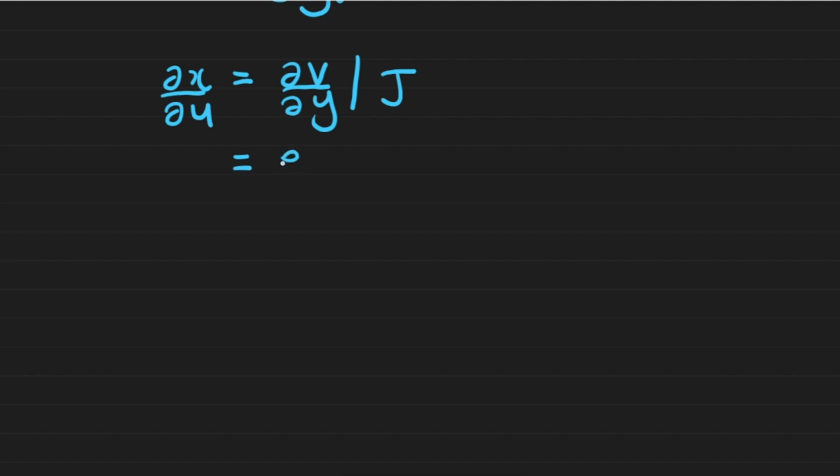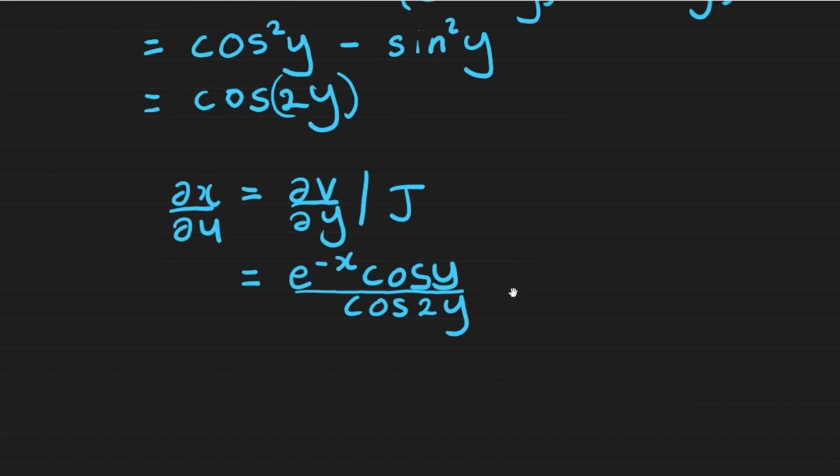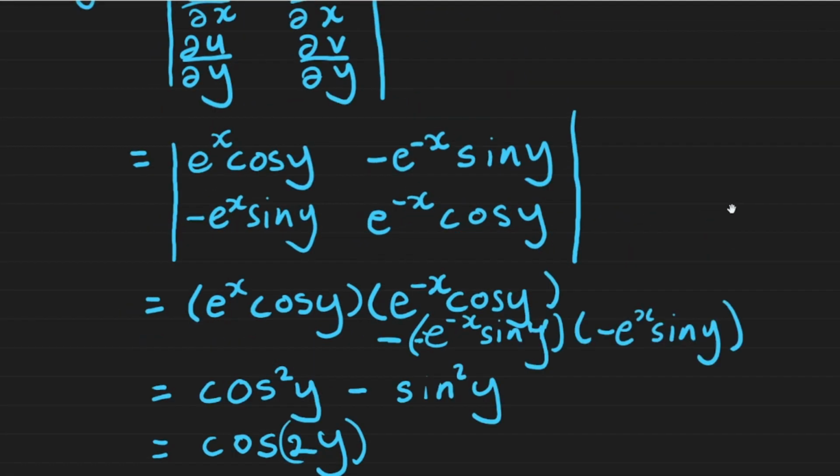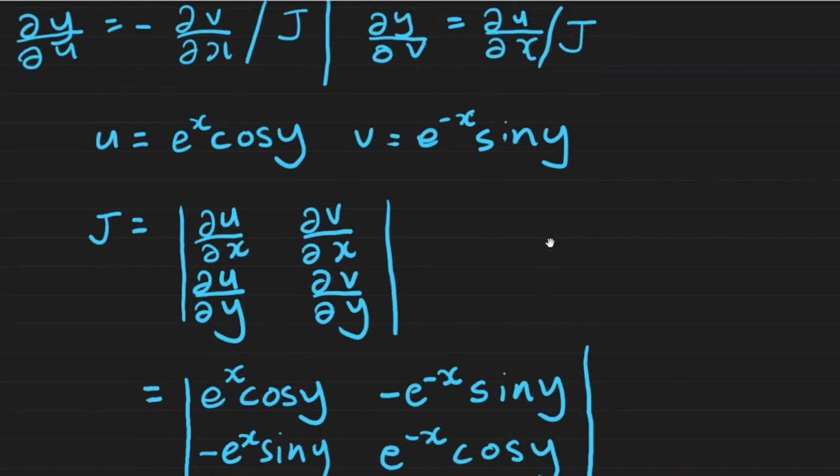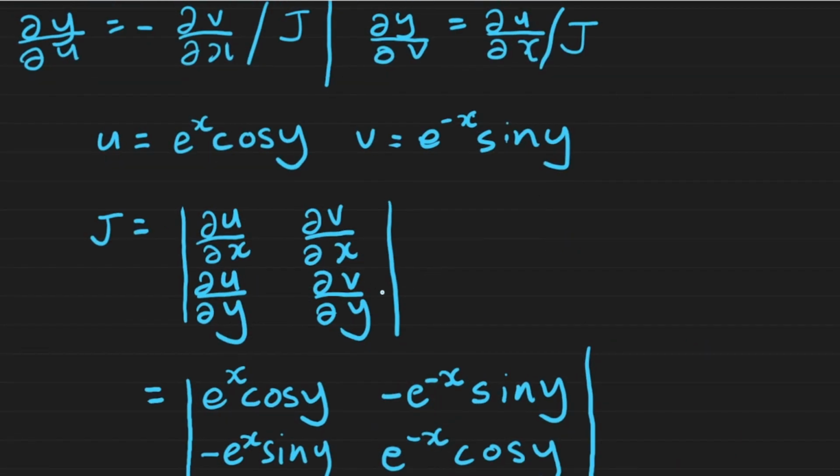This is simply e to the power minus x cos y divided by cos of 2y. This dv dy is something we had determined earlier on.